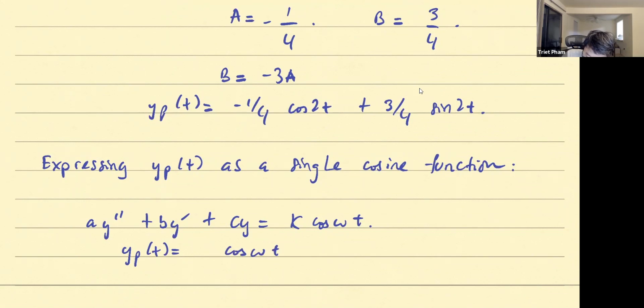Let me call it K1 and K2 because I want to reserve A for something else. That's the structure of the yp. Now what you want to do is to express this as a single function. You want to write this as, give me a moment.